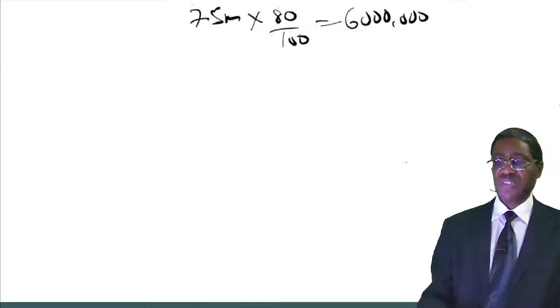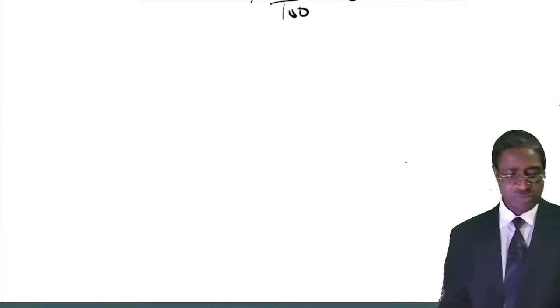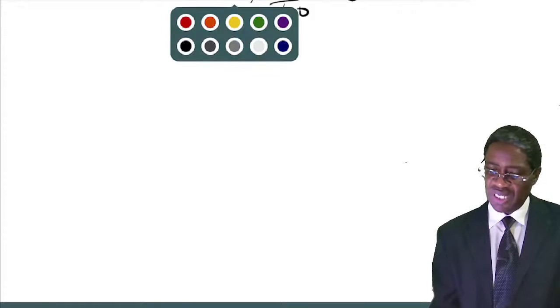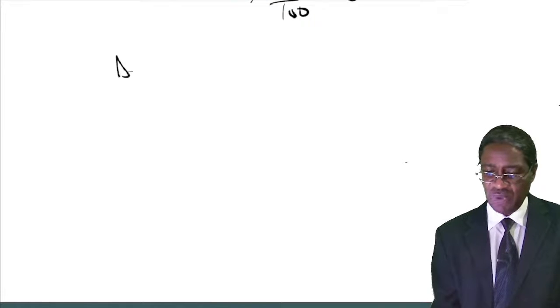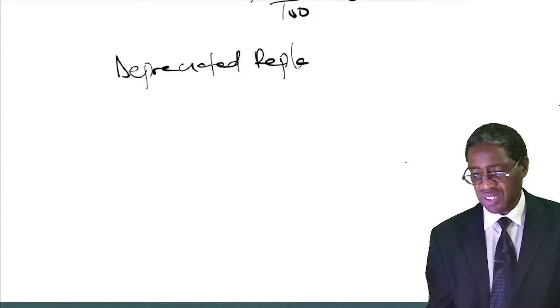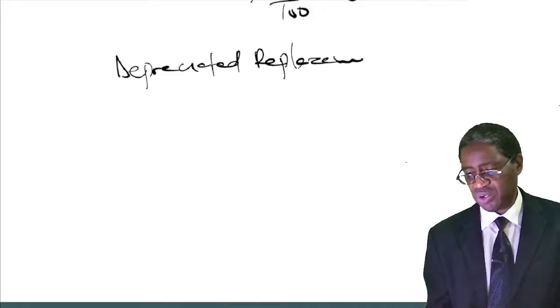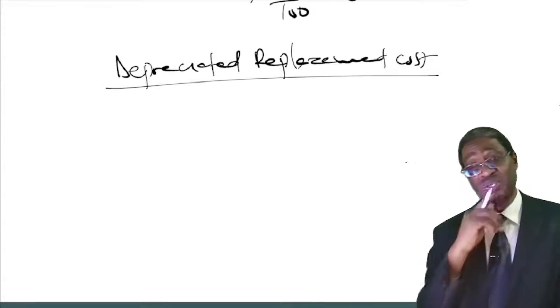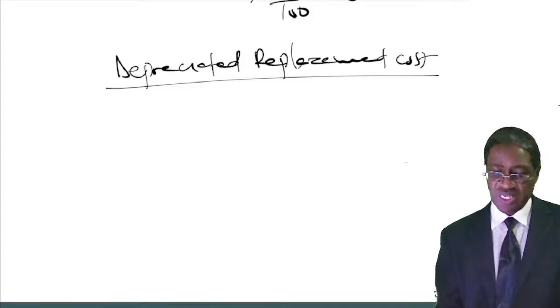Then below there, now let us get the computation for the depreciated replacement cost. Let's compute the value in use for that one. That's the first method.